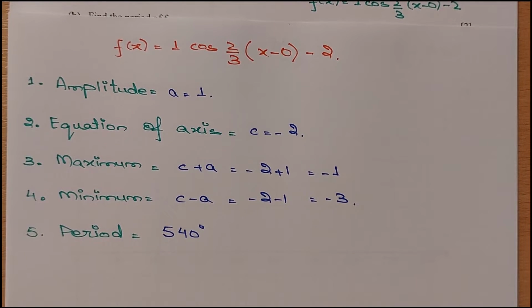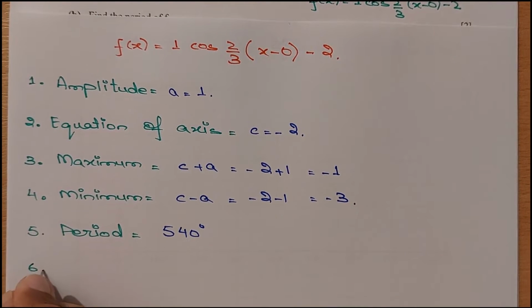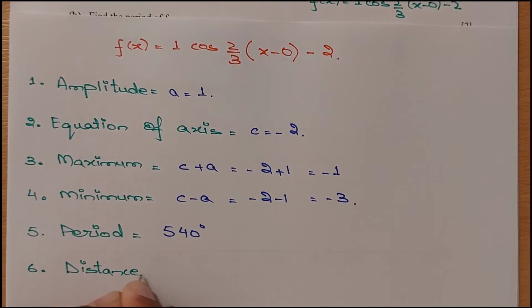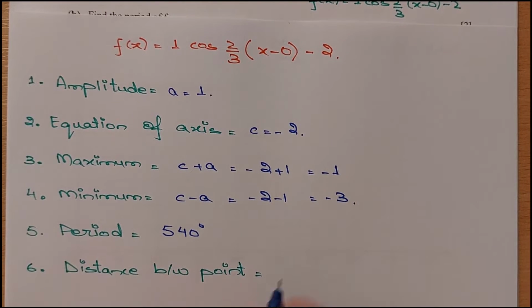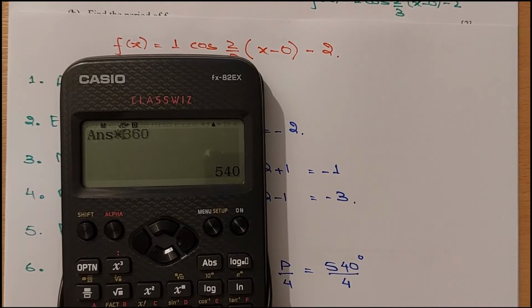Now the next thing is we need the distance between points. The distance between points has the formula period divided by 4. So we do 540 divided by 4, that is 135 degrees.